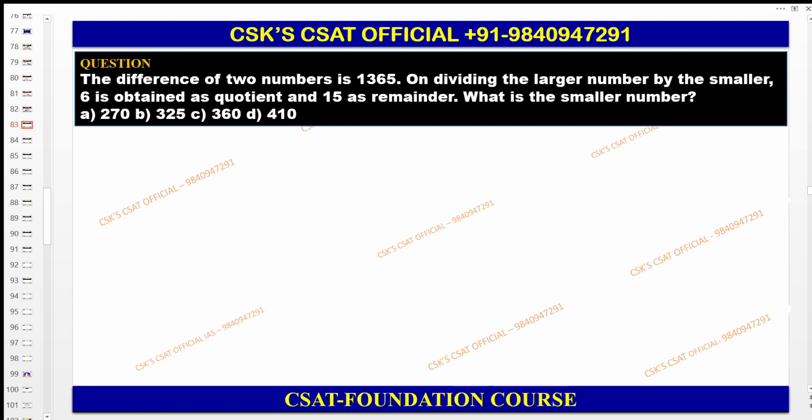First of all, what is asked? The smaller number. Which means it involves a larger number and a smaller number, that is the two numbers.